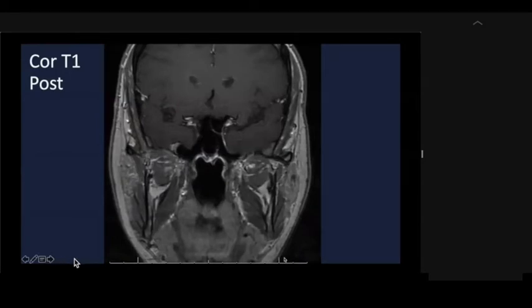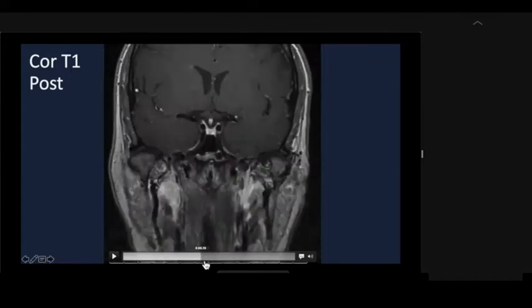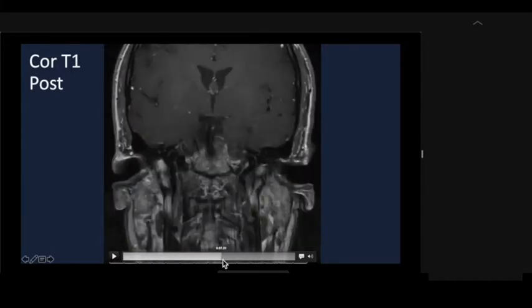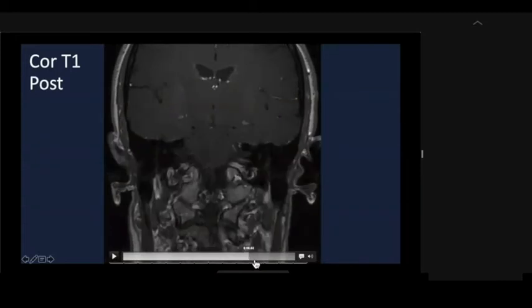On a post-contrast sequence, much like on the coronal KISS, the cavernous sinus is concave in margin bilaterally. There's minimal to no enhancement associated with the cavernous sinus, seen best here at the level of the sella, but it continues the length of the cavernous sinus. At the right petrous apex, there's no enhancement to correspond to the nodularity we had seen on the KISS sequence.